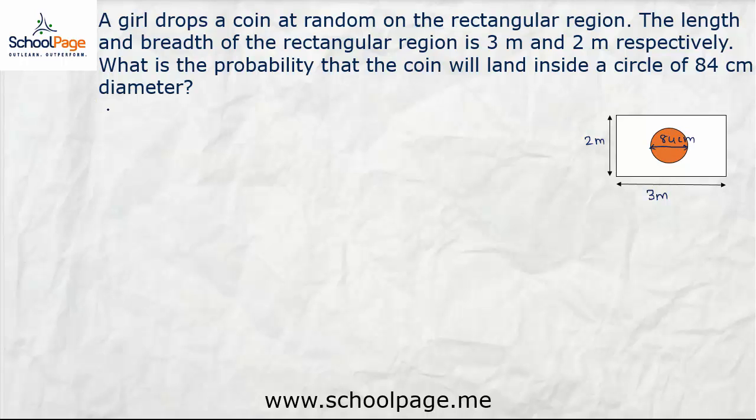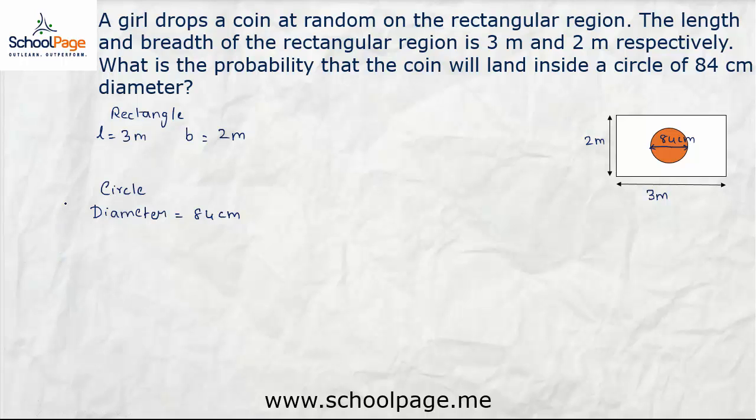Let us see the data that is given to us. For the rectangle, the length is equal to 3 meters and the breadth is equal to 2 meters. For the circle, the diameter is equal to 84 centimeters.